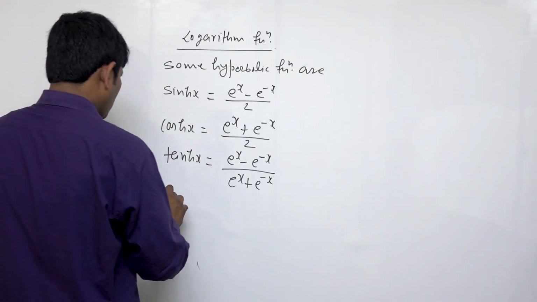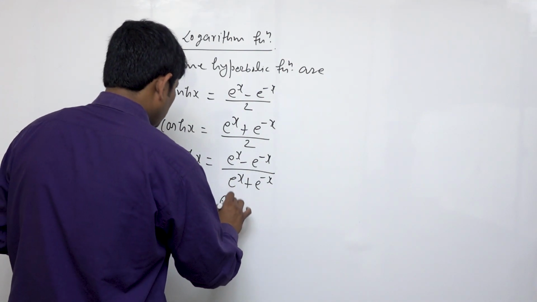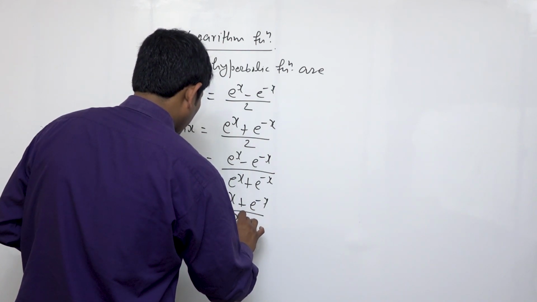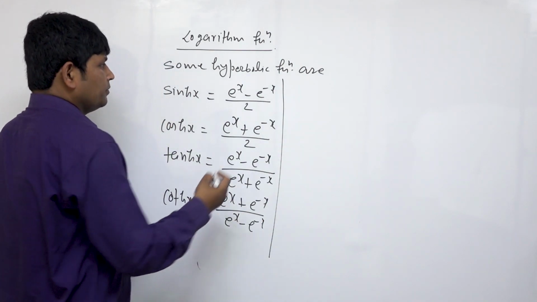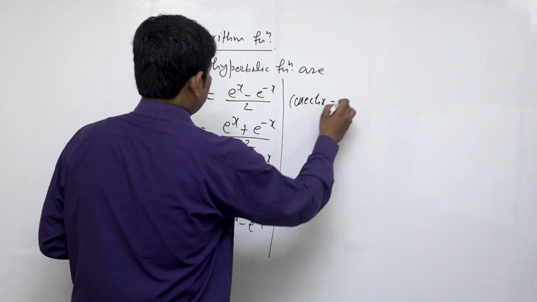Then cot hyperbolic x is e^x plus e^(-x) over e^x minus e^(-x). There is cosec hyperbolic x.